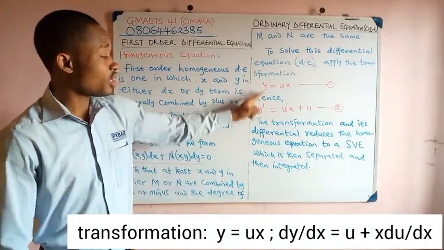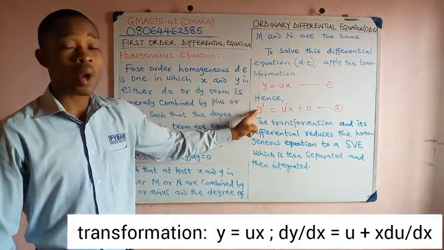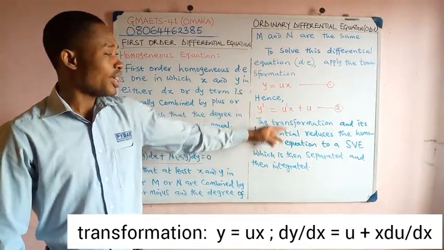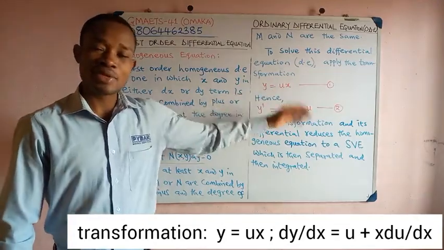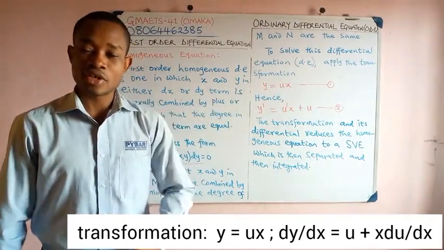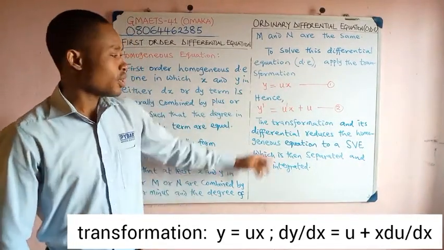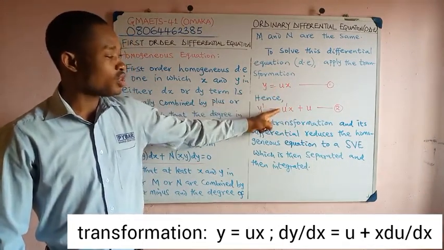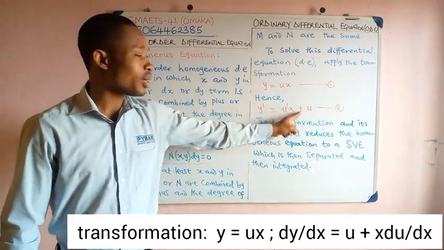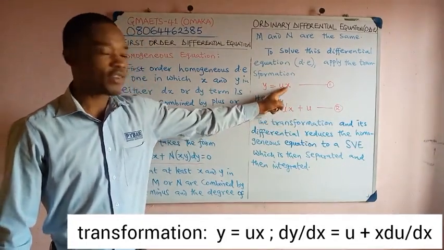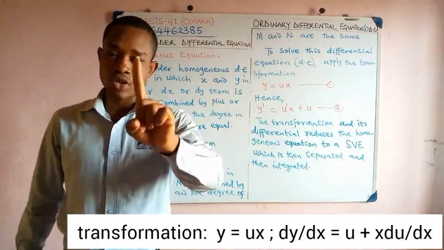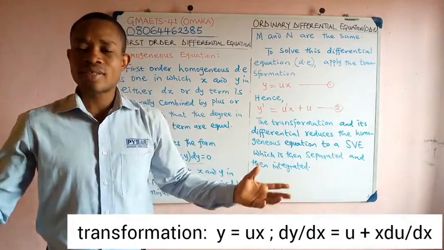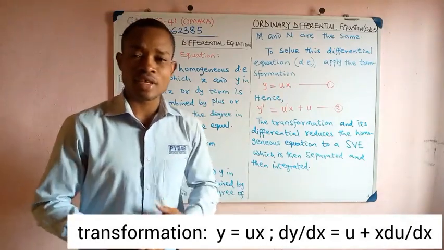So you differentiate this y with respect to x, you get dy/dx, which is y prime, and then you differentiate ux. This is u times x. To differentiate it, you're going to use the product rule, you know that, right? So I'm going to keep x constant, differentiate u with respect to x, you get du/dx. Then plus, this time around, keep u constant, differentiate x with respect to x, which will give us 1.